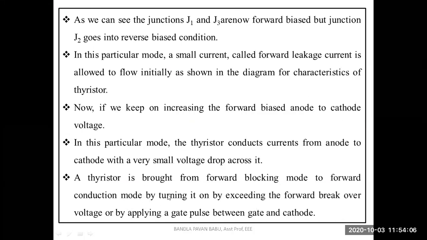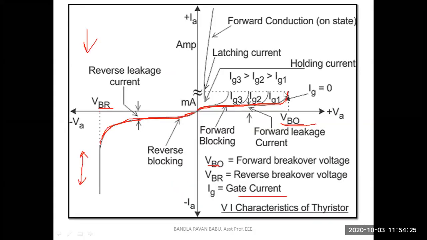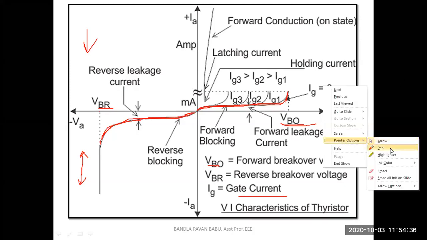Look at the last one. A thyristor is brought from forward blocking mode, which we have now discussed, to the forward conduction mode by turning it on, either by exceeding the forward breakover voltage or by applying a gate pulse between gate and cathode. One thing we are highlighting: if we increase the forward breakover voltage, earlier I said it may lead to breakdown.